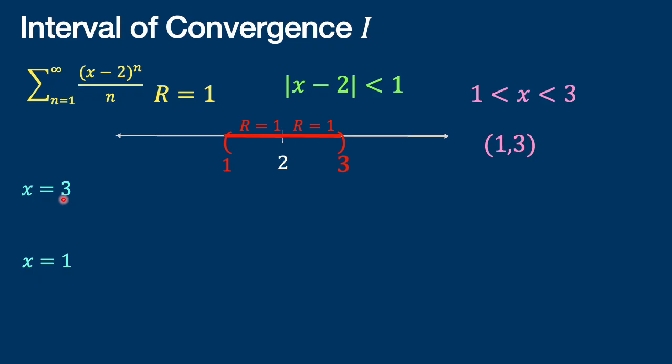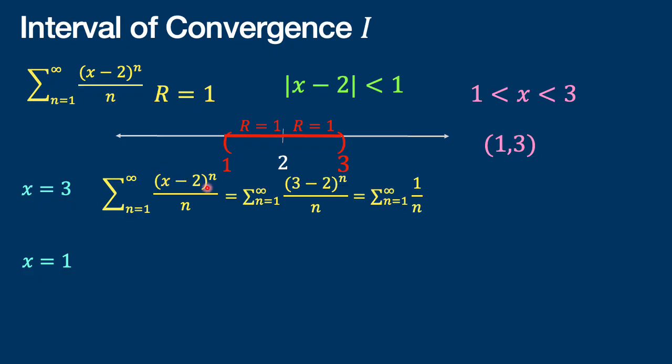We have to determine whether this power series converges or diverges there. So x equals 3. Let's plug in x equals 3. 3 minus 2 is 1, and 1 to the nth power is 1. So you have 1 over n. This is the harmonic series, which diverges.